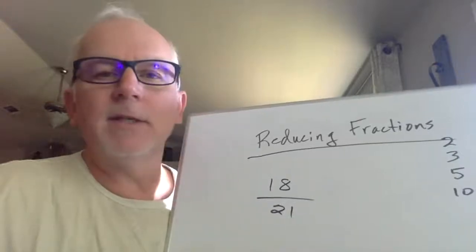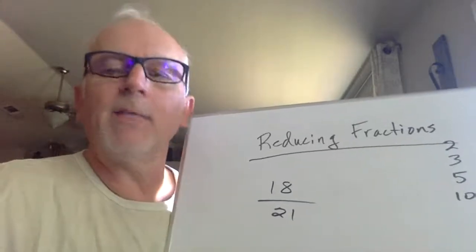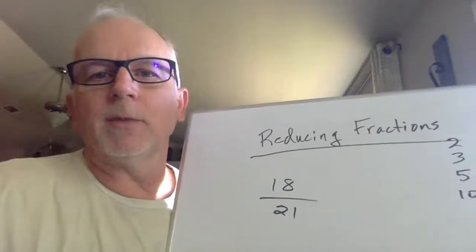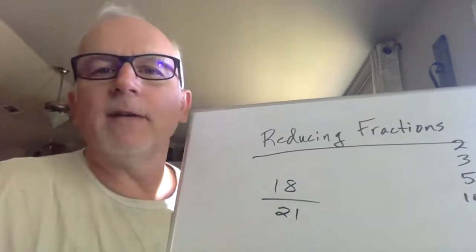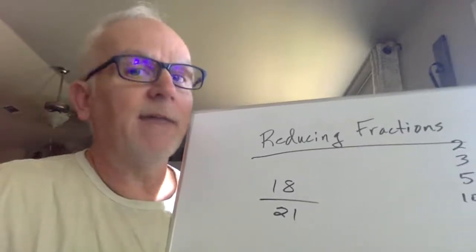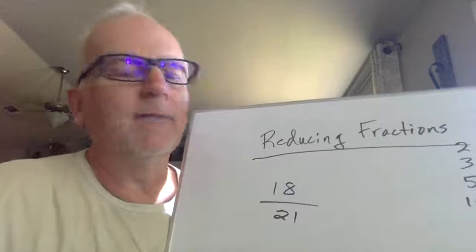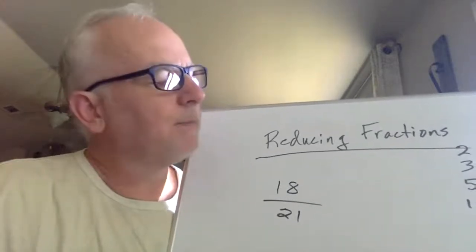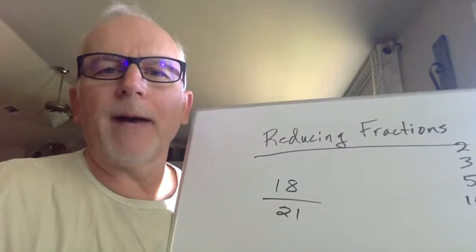So if you add the digits together and that number is divisible by 3, then the original number is divisible by 3. 5, if a number ends in 0 or 5, then it's divisible by 5. That means 5 will divide into it evenly. And then lastly, 10, a number that ends in 0 is going to be divisible by 10.